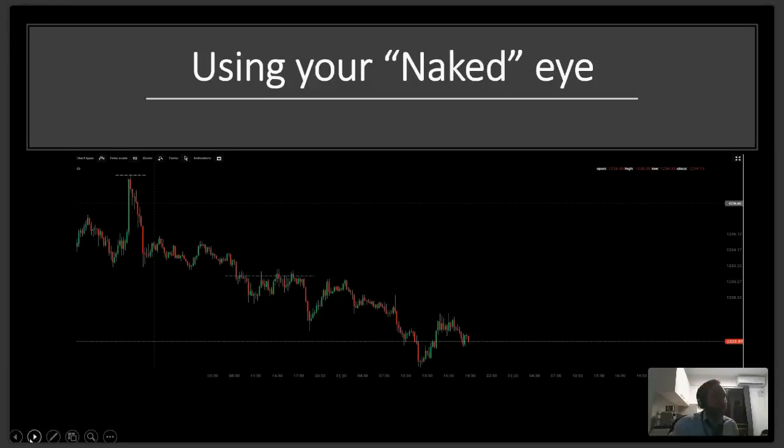We've got the high, we've got the low, lower high, lower low, lower low, lower high, lower high, lower low, lower low, lower high. Again, with our naked eye, we can see what trend that asset is on. At the same time, we can also see our areas of consolidation. And when we have areas of consolidation, don't forget, we're looking for the potential breakout.